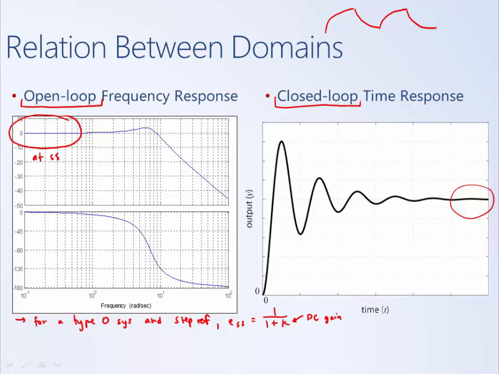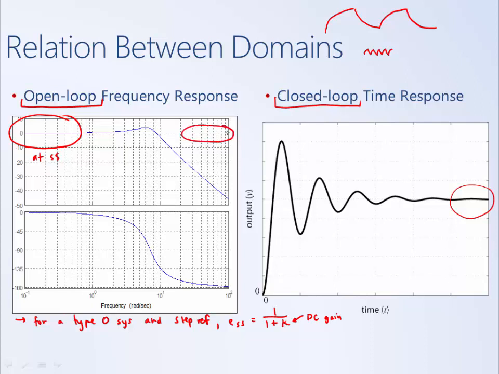But if we're switching that step input on and off very quickly, then the system doesn't have very much time to react, and you get in essence a very small amplitude output. And so that's typical. So if our system is fast, it can track fast changing inputs well, but if our system is slow, then it can't react very quickly and the output ends up having a very small amplitude.